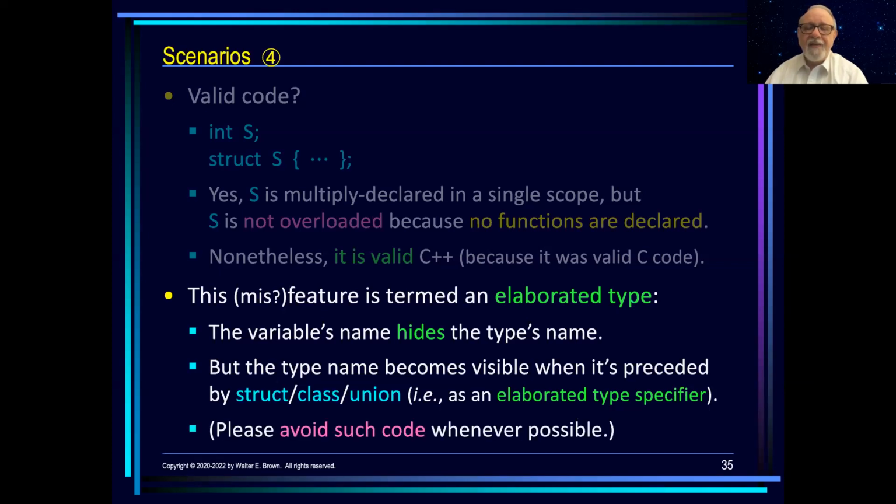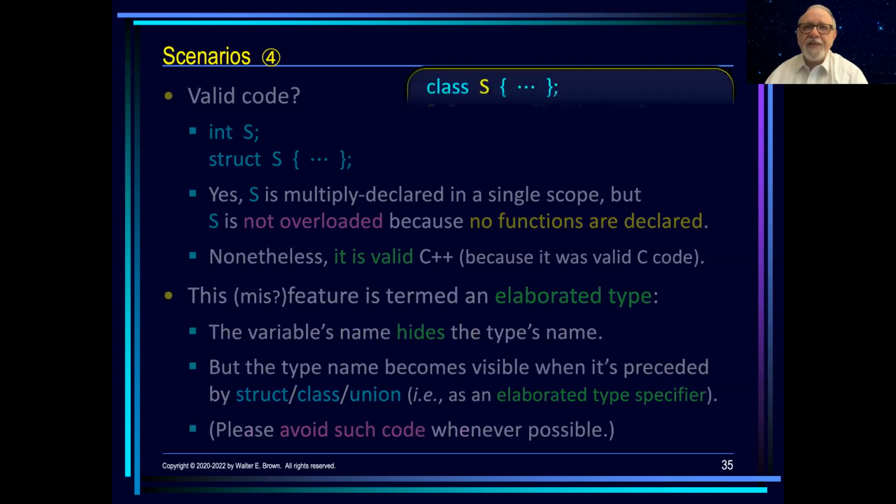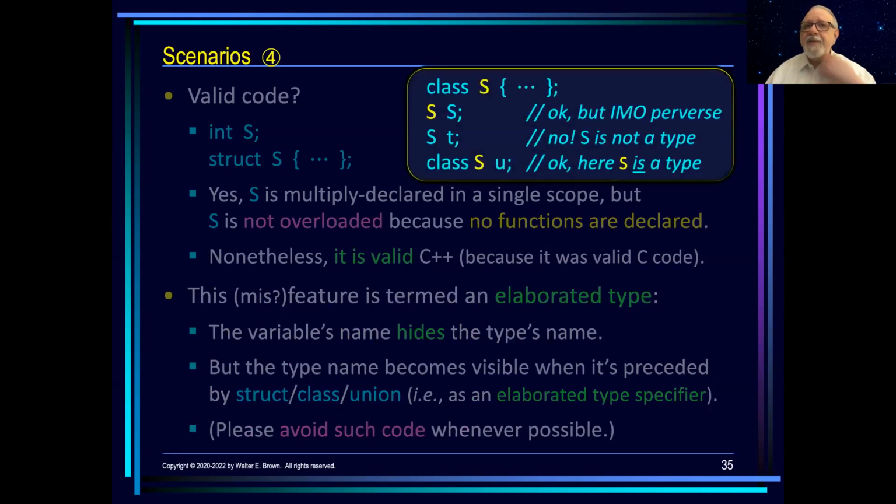Please avoid this kind of code whenever you can. Let me show you a specific example of this. Let's declare a class S. Now I'm going to declare a variable by the same name of that type. So now I have a variable and a type by the same name.